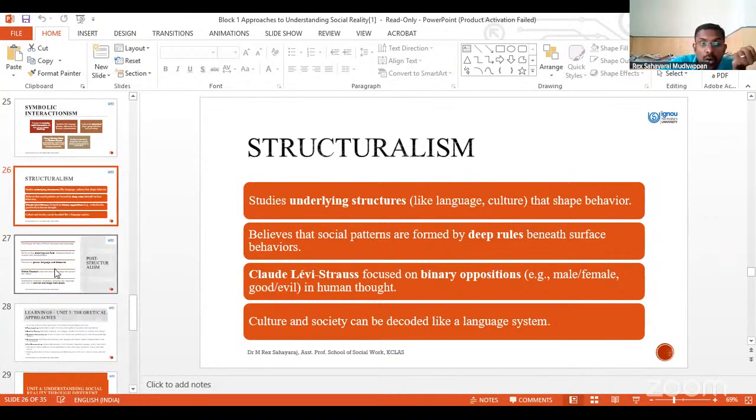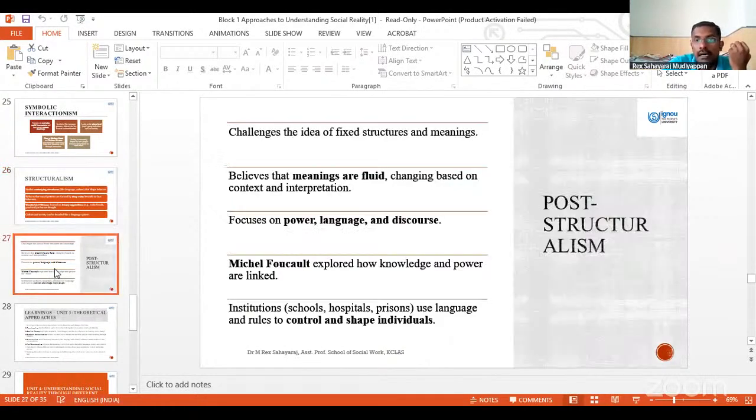Okay, so how does this flourish, right? Post-structuralism challenges the idea of fixed structures and meanings, and believes that meanings are fluid, changing based on context and interpretation. It focuses on power, language, and discourse. So how is society shaping itself, how is it being shaped?